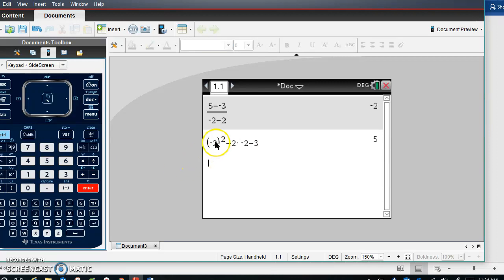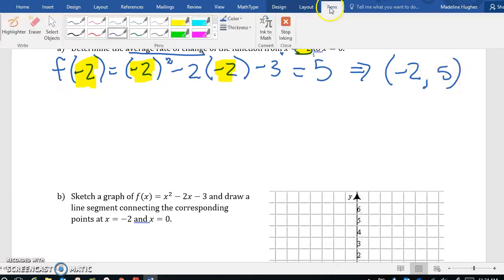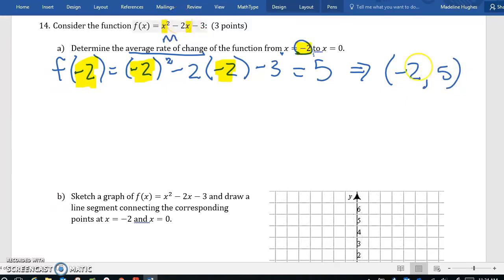Okay, so we plugged in exactly how we saw it. We go back over here, and I'm going to write equals 5. So that means the point is (-2, 5). I got that from this -2, from all the yellow ones. And then that value we got after we plugged it in is right there.